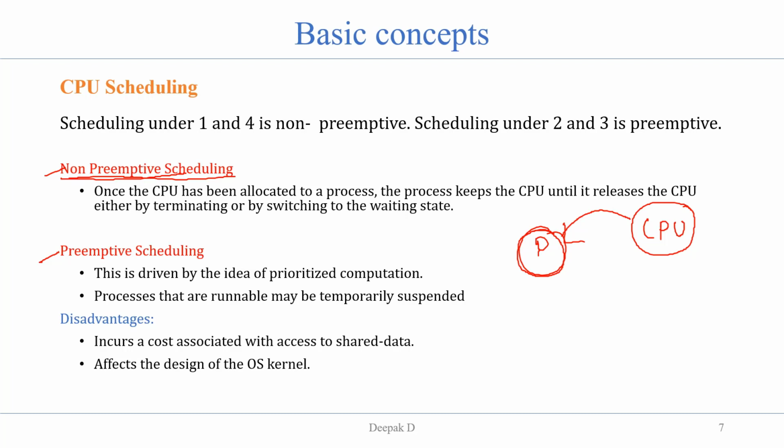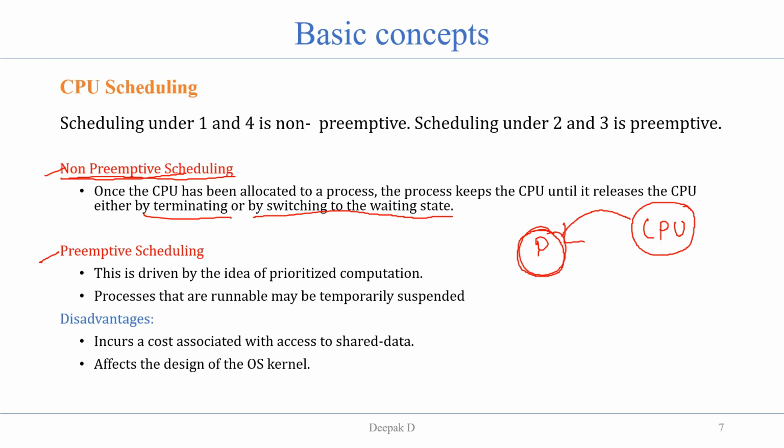Once it completes its task, it might be terminated. So the process keeps the CPU until it releases it either by terminating or by switching to the waiting state. So this is with respect to non-preemptive scheduling.